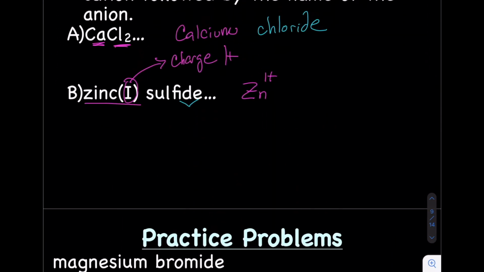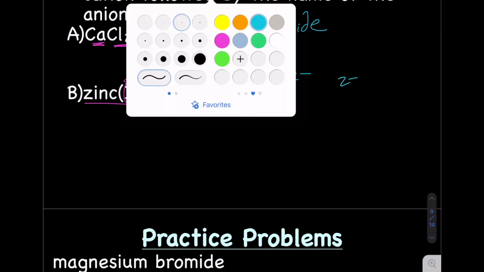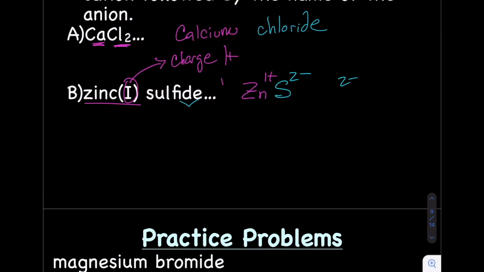So Zn 2 plus, S 2 minus. Okay, so now we have our cation and anion written side by side. They're noble-ish. Zinc isn't, but he tried. Now we need to make them neutral. So we have a total of 2 negative charges and a total of 1 positive charge, which means we need a little bit more positive charge.